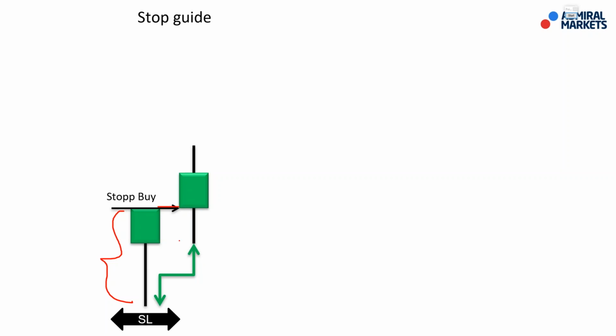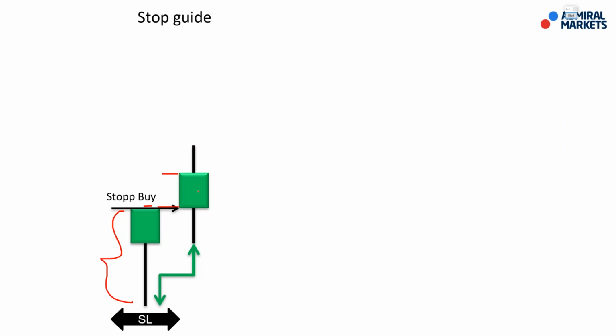Please pay attention now, it's really important. If your candle came inside the trade and you have a higher close than the reversal bar, the stop loss follows this candle.